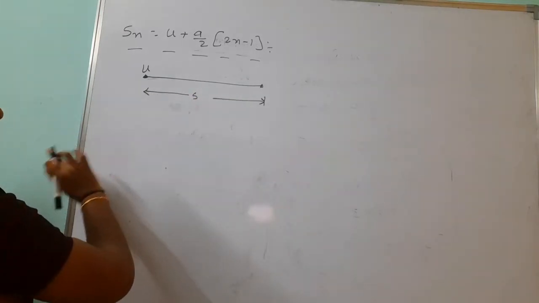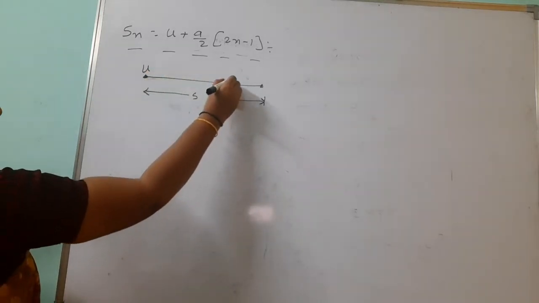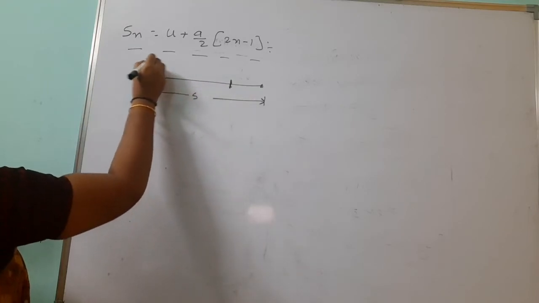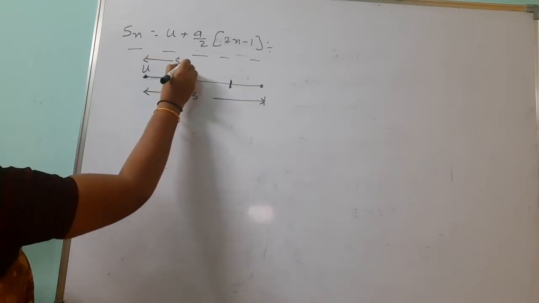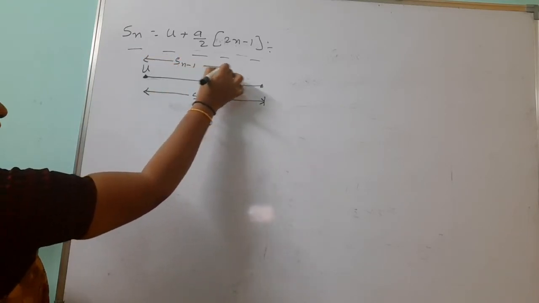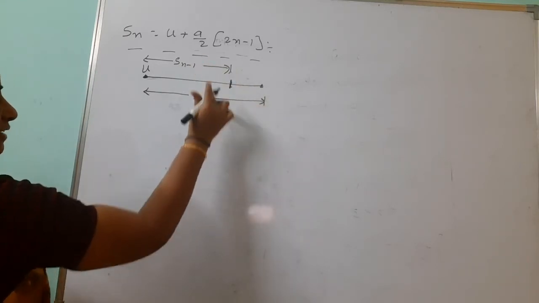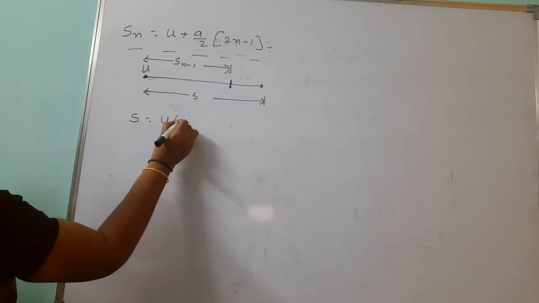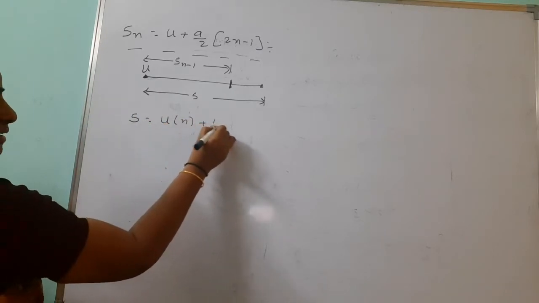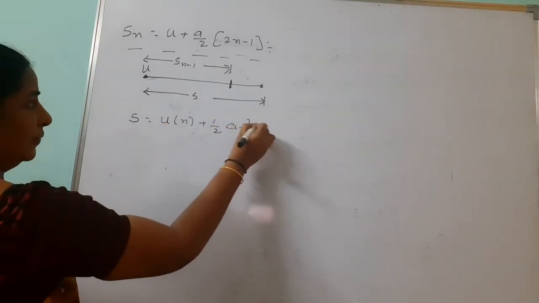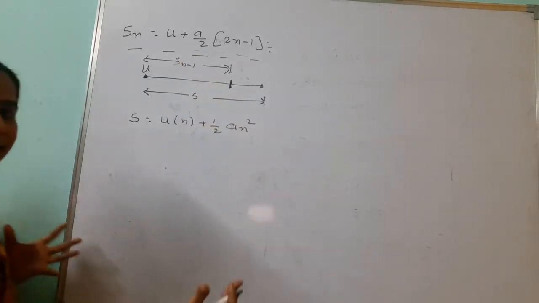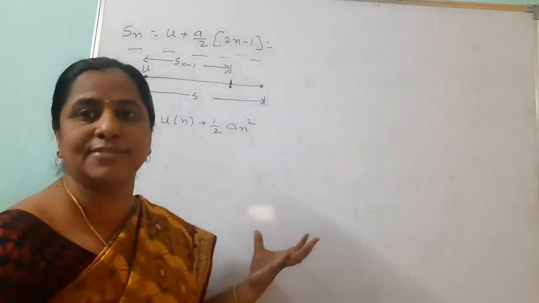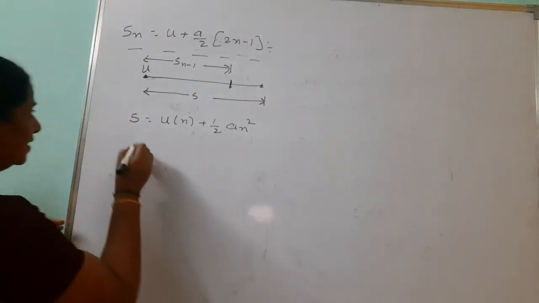Then it is the distance covered by the body in n minus 1 seconds, S(n minus 1). When we simplify these two expressions, what is the expression for s? s equals un plus half a n square. In n minus 1 seconds, how much distance does it cover?